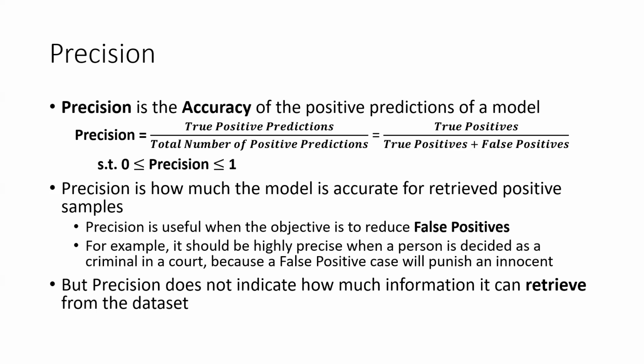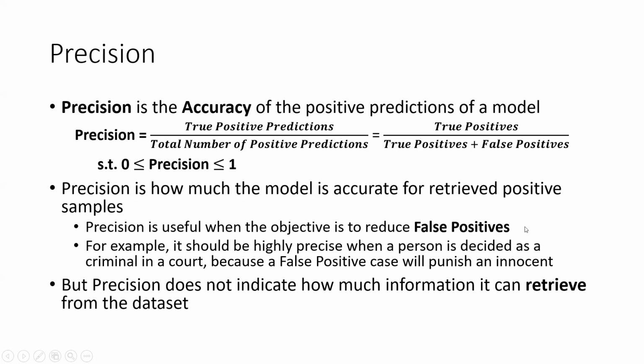That is the nature, right? So even with that kind of possibility, the court doesn't want to make chances of giving the death penalty to an innocent person, right? So the idea is to reduce the false positives.